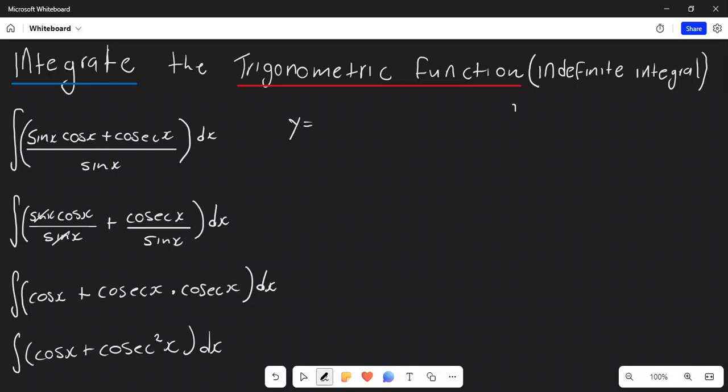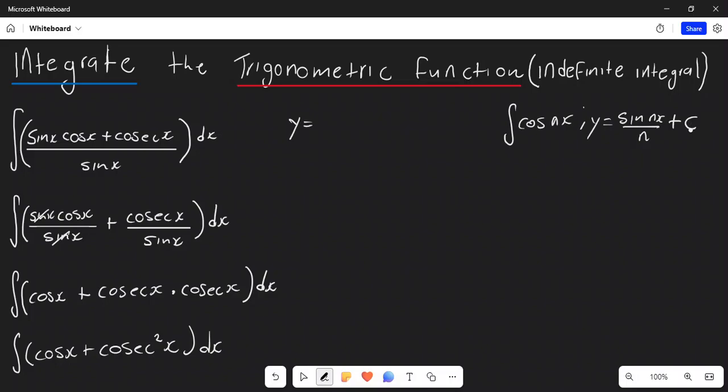So let's start with the integral of cos. Remember guys, cos nx, the integral is going to be positive sine nx over n, where n is the coefficient of x, plus c.